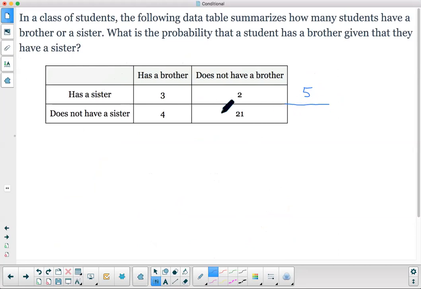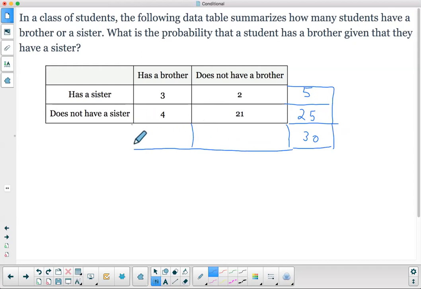Of the people they surveyed, 21 plus 4 is 25. 25 don't have a sister, which leaves a total of 30 people that they surveyed. Of the people they surveyed, 4 plus 3 or 7 have a brother, and 21 plus 2 or 23 don't have a brother. Notice 7 plus 23 is 30.